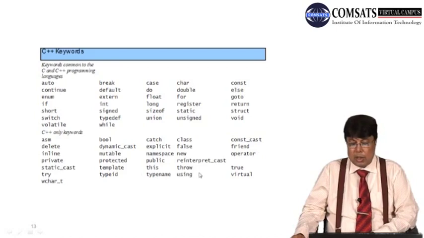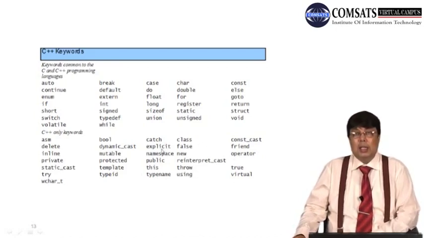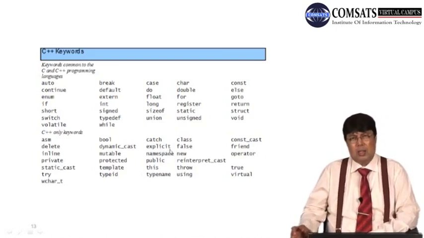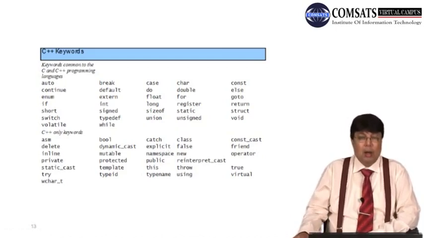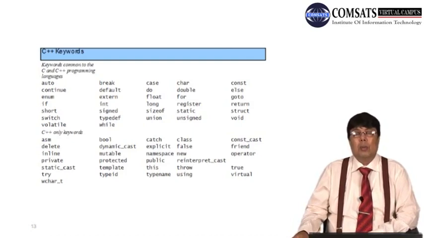These are already predefined names in the C++ environment. So you can quickly go through it and see what these keywords are, so that you may not use them accidentally as a variable name in the program that you will develop.